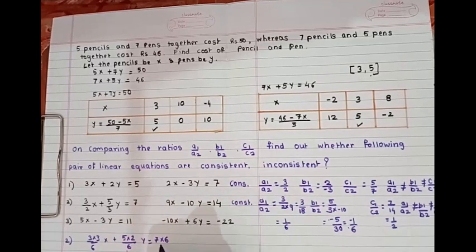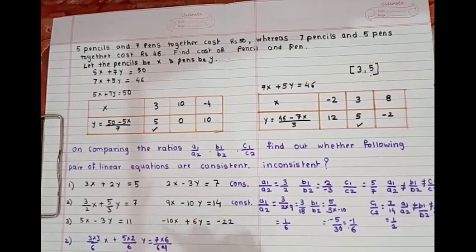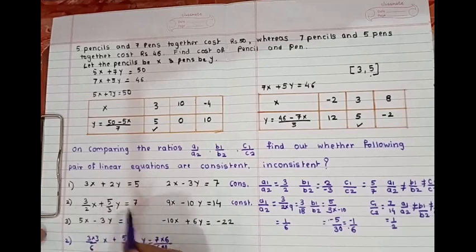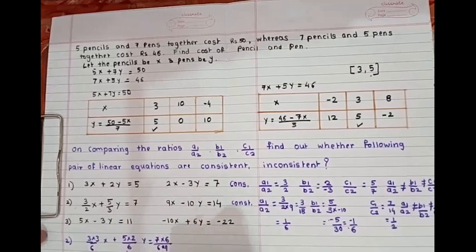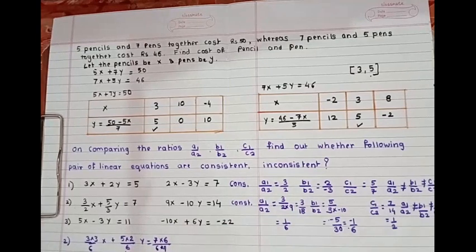I will eliminate 6 from both the sides. So eliminating 6, I get here 9x plus 10y is equal to 42. This is the first equation, and the second will be 9x minus 10y is equal to 14. So what do you get here again?